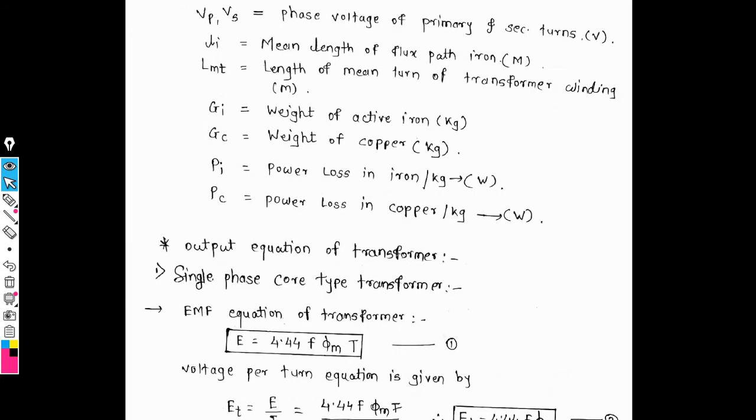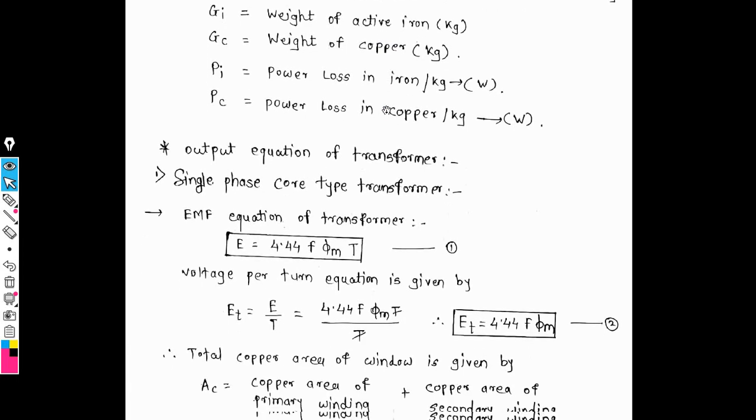Length of mean turn of flux path in iron, LMT, GI and GC, PI and PC. These are the nomenclature used for both single phase and three phase transformer, maybe any type of transformer like core type, shell type, etc. This nomenclature is very important for the output equation of the transformer.